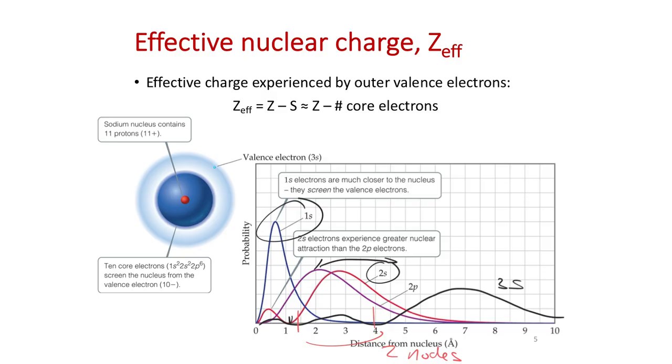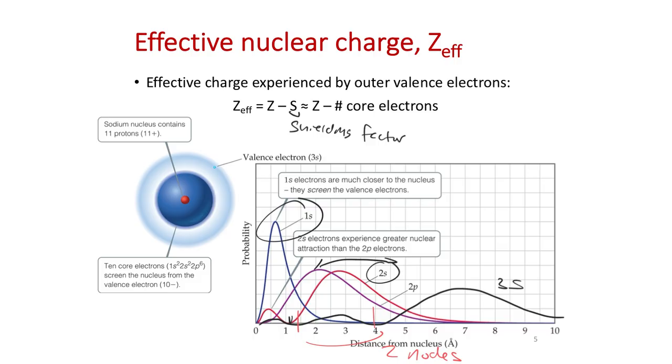Now, in terms of calculating the effective charge, there's a couple of ways we can do this. It would be Z minus S, where S is the shielding effect by the core electrons, like a shielding factor. The highest the shielding factor S could ever be is directly equal to the number of core electrons.